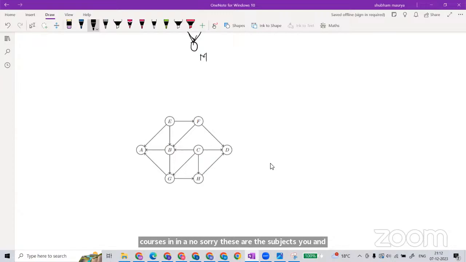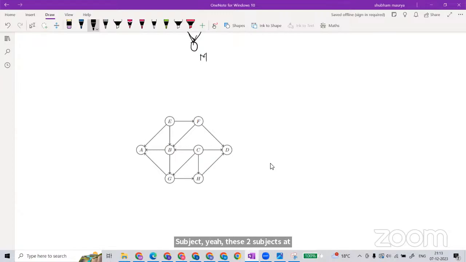Once we want to finish the course, we have to complete all these subjects or topics. If we want to take the subject H, then we first have to complete G, and also subject C. At least these two subjects we have to complete.